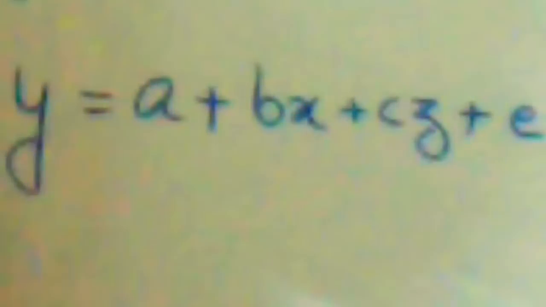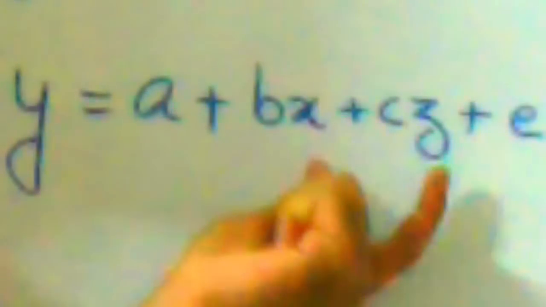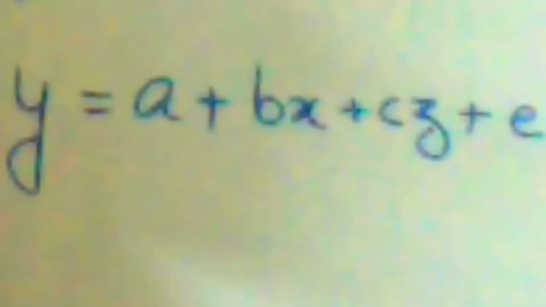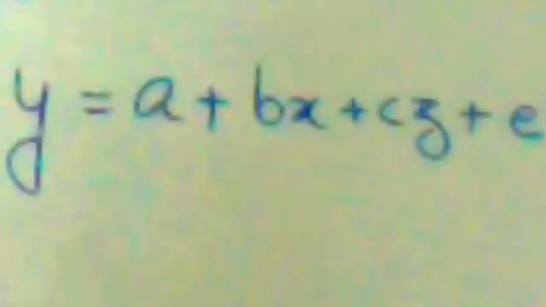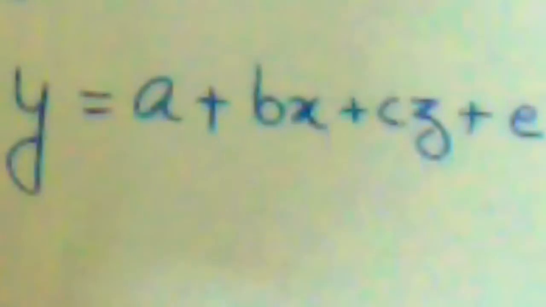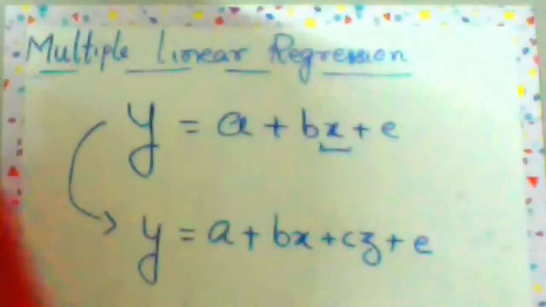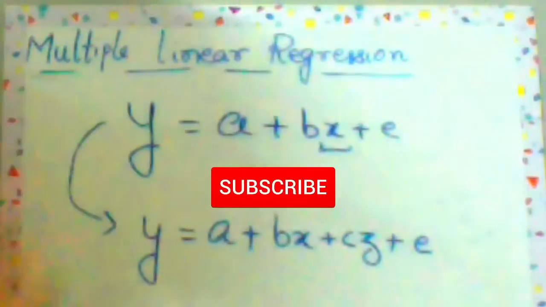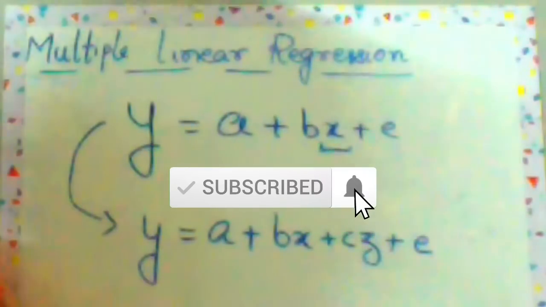Now in this model we are having two independent variables x and z. We can also have more. We can take x, z, w, k. I mean, you can have as many as you like. That's why the name is multiple. So multiple means more number of independent variables.